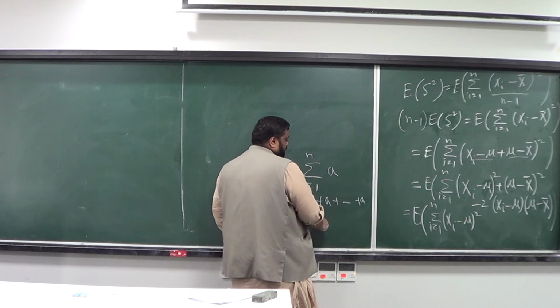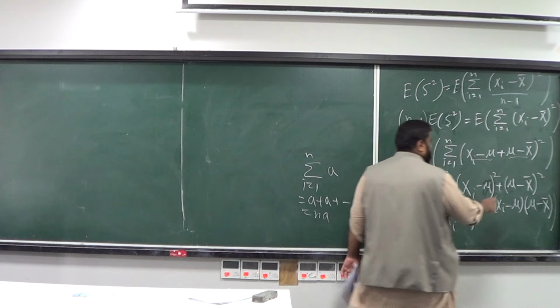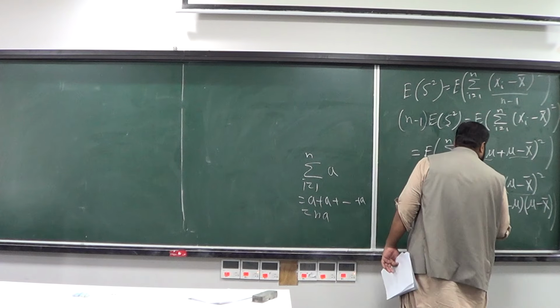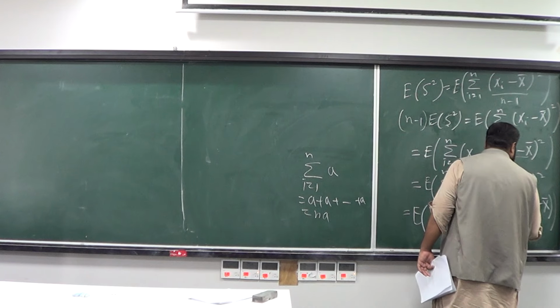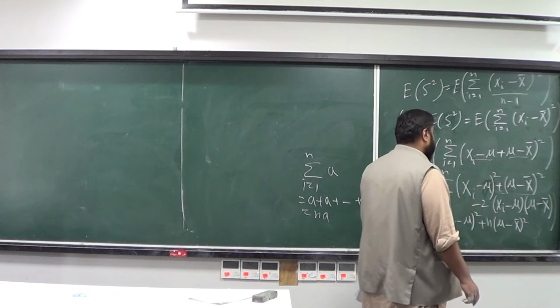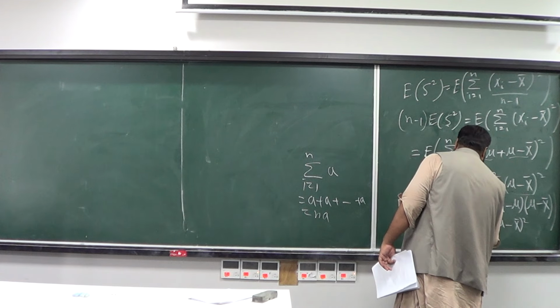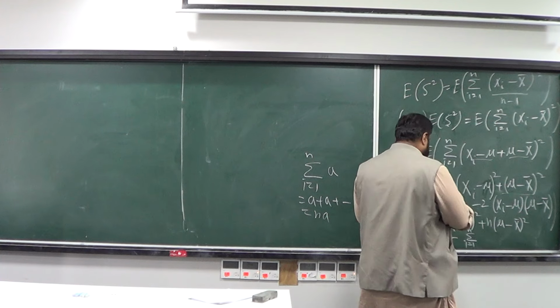So obviously this should be n times a. So similarly, since this does not involve any index, this is going to be n times (mu minus x bar) square, and minus the sum that goes from i equal to 1 to n of this quantity.